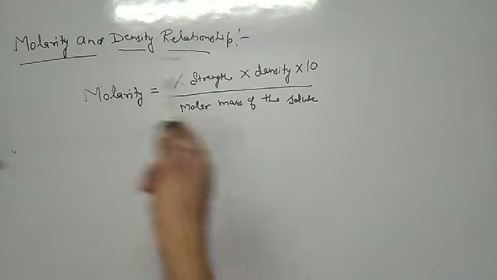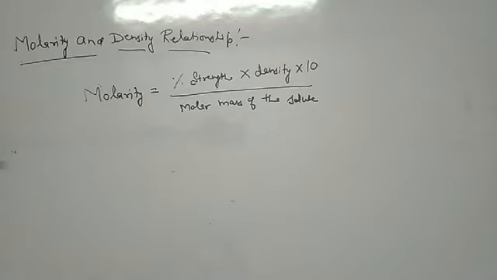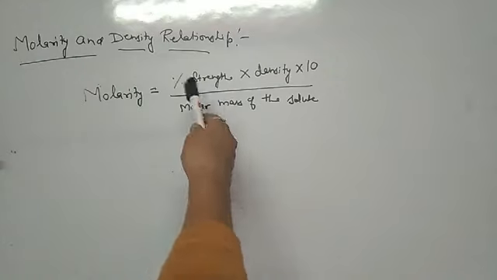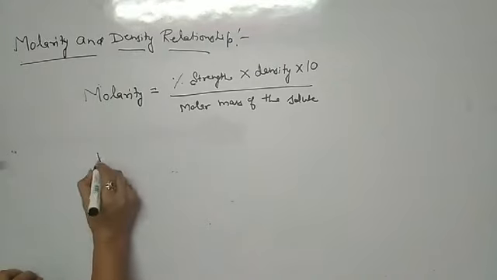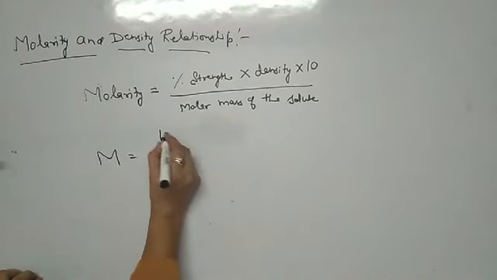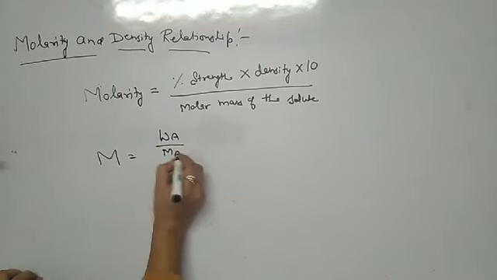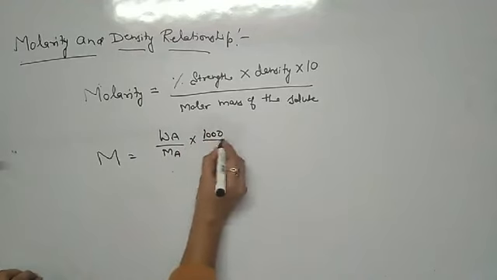You may implement the same formula as we previously read, because strength means amount of substance in liters. This one is the same as the previous one, because what we say is molarity is equal to WA upon MA into 1000 upon volume.